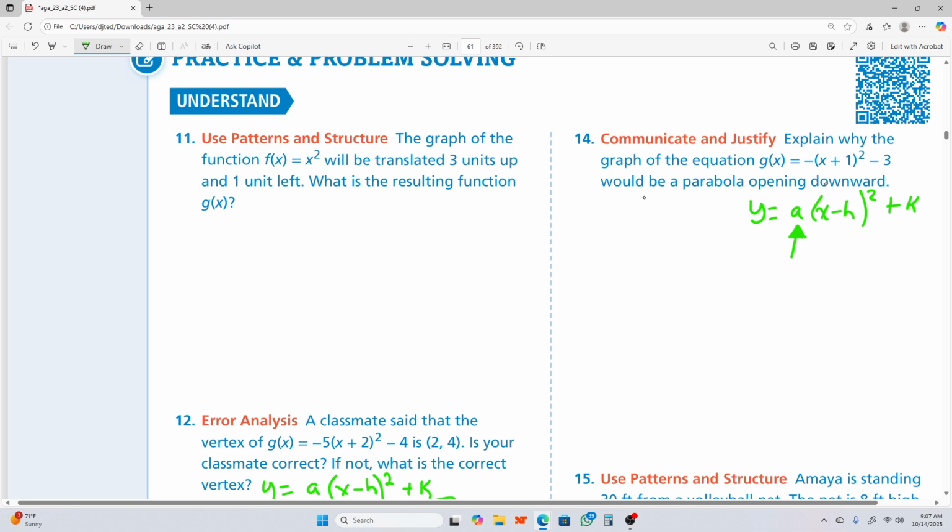And how do we know if it opens upward or downward? If A is positive or negative. So if A is greater than 0, or if A is less than 0. And we got negative, invisible 1, -1 is less than 0, so that's how we know we have a parabola going downward.